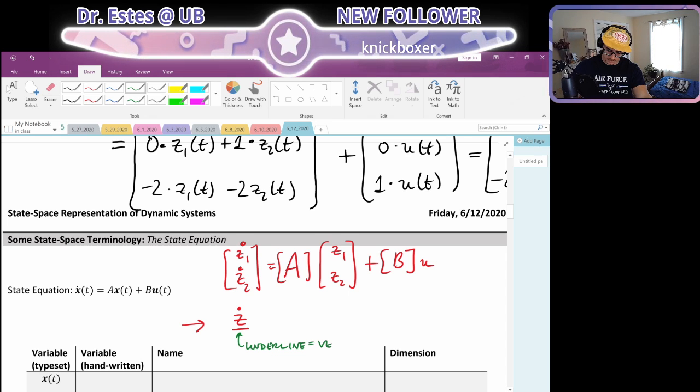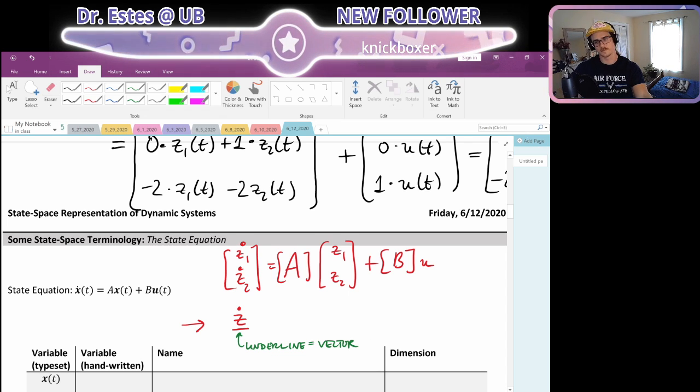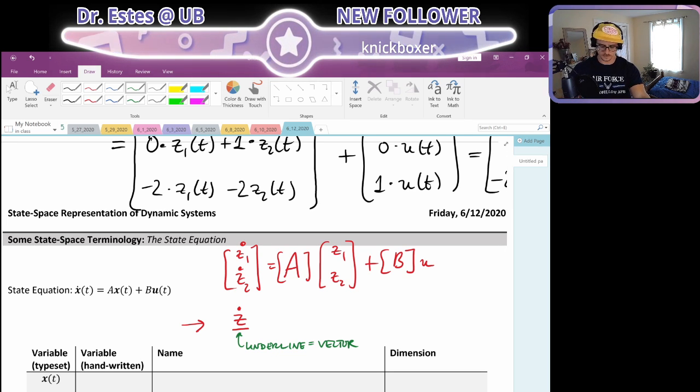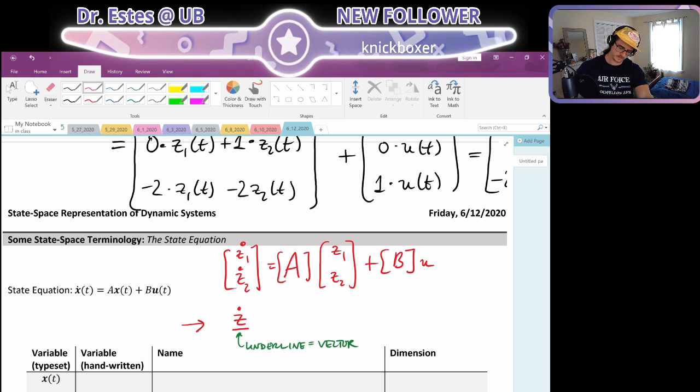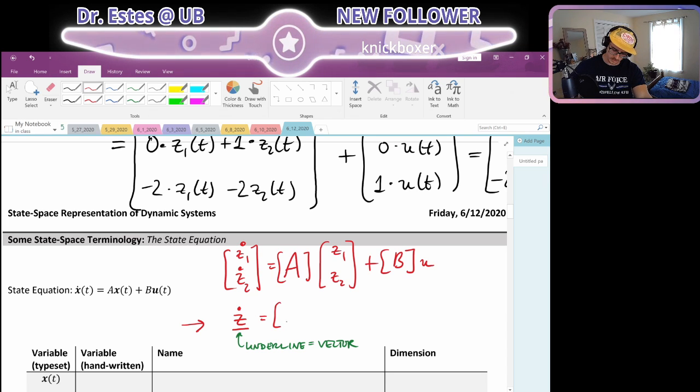Underlined means vector. Sometimes people write an arrow on the top, but I think that arrow can get in the way of the dot on the top. And plus it takes longer to write. You have to draw that squiggly thing. I think just doing a line underneath is faster. It's one of the popular ways.